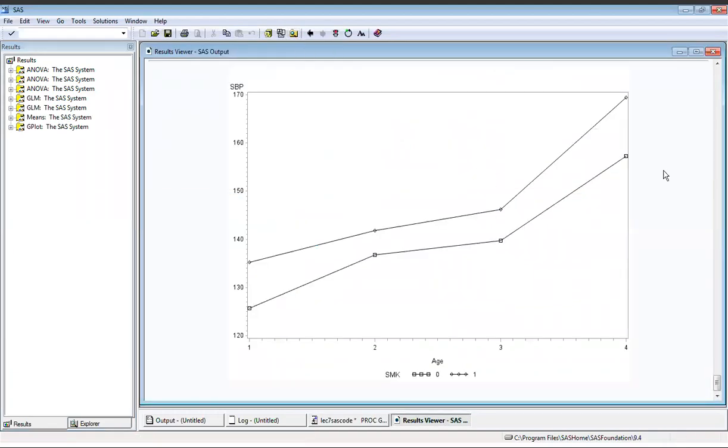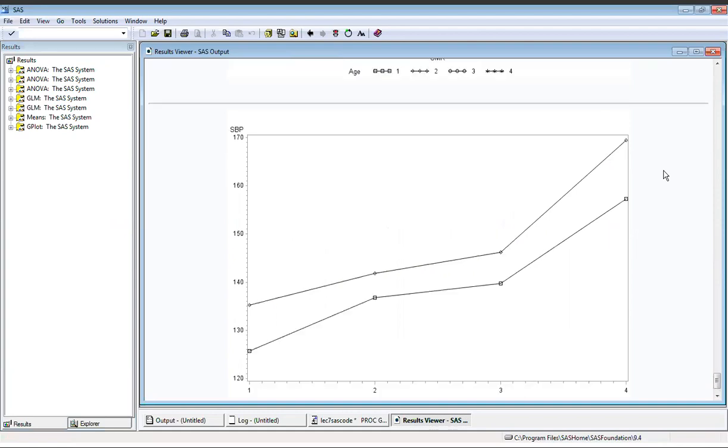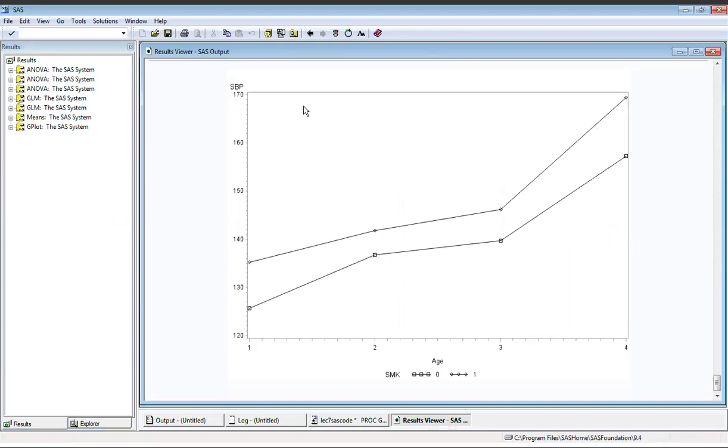All right, so we end up with 2 plots. One is plotting the systolic blood pressure versus age, but stratified by smoking status. So the lower one is smoking status equal to 0, which is non-smokers.